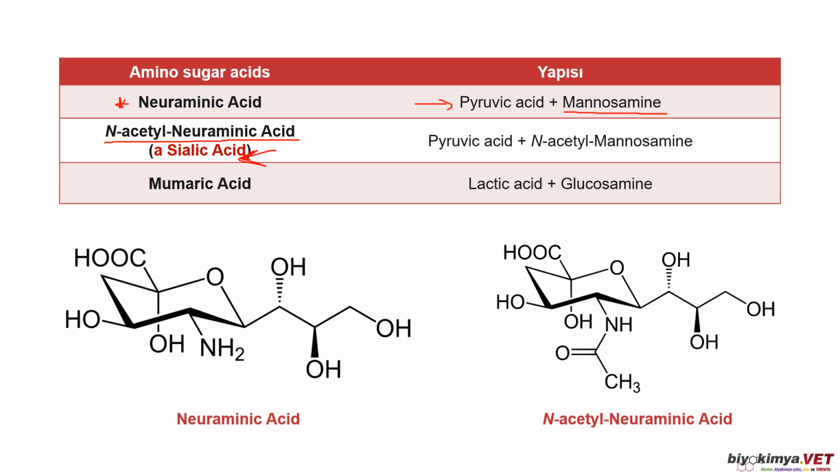N-acetyl neuraminic acid is actually an N-acetyl mannosamine derivative found in many glycoproteins and glycolipids on animal cell surfaces. It consists of pyruvic acid too. It provides recognition sites for other cells or extracellular carbohydrate binding proteins.